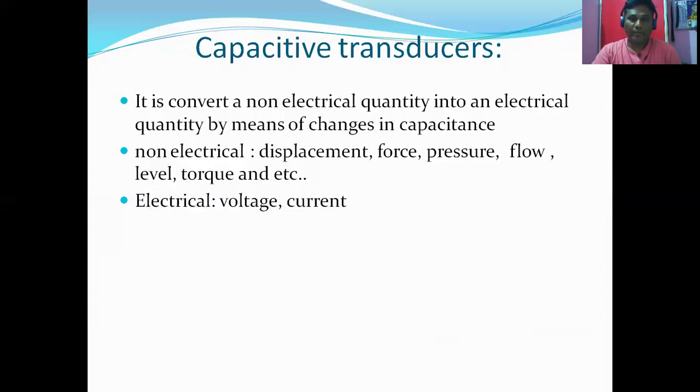Here, the non-electrical inputs, let us consider displacement, force, pressure, flow, level, torque, etc. The electrical output means voltage and current. So the capacitive transistor converts from non-electrical to electrical form. The electrical form is voltage and current.